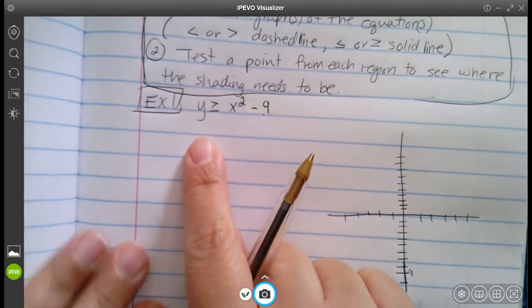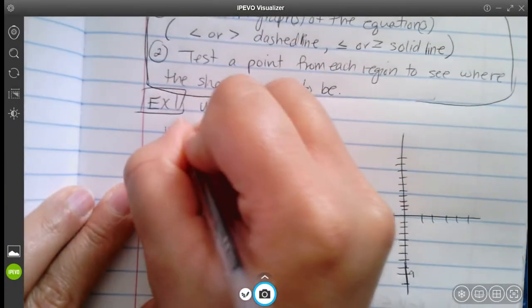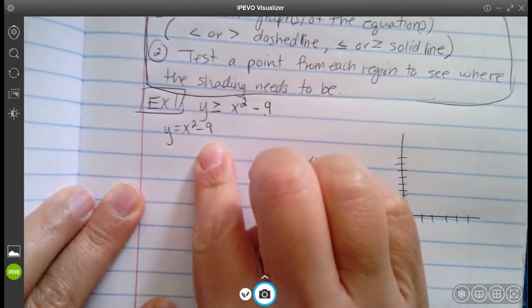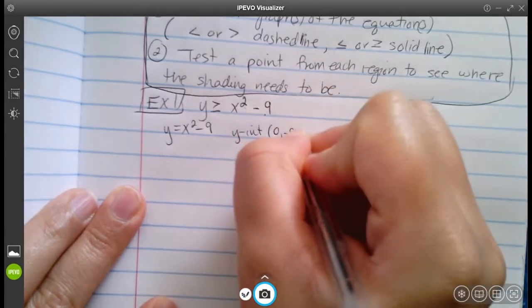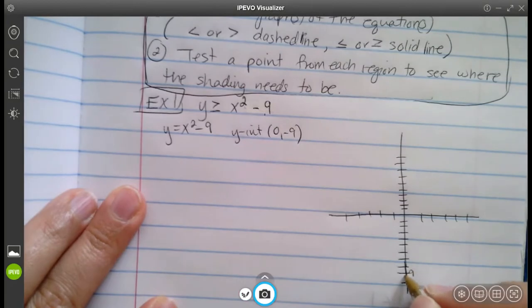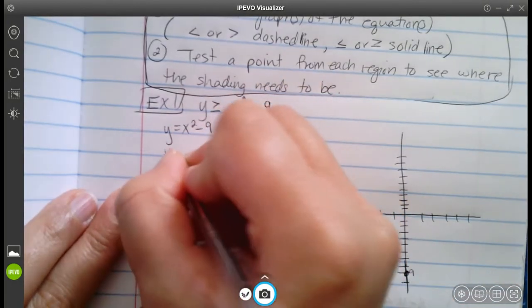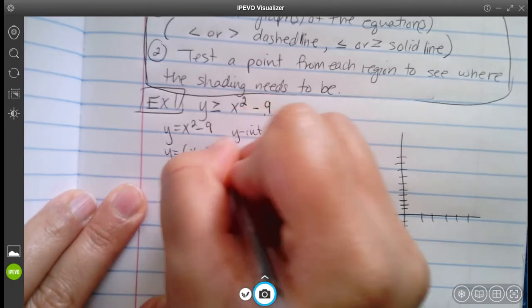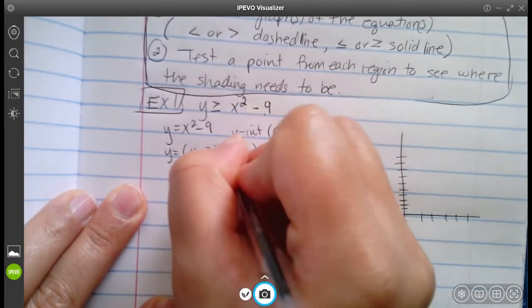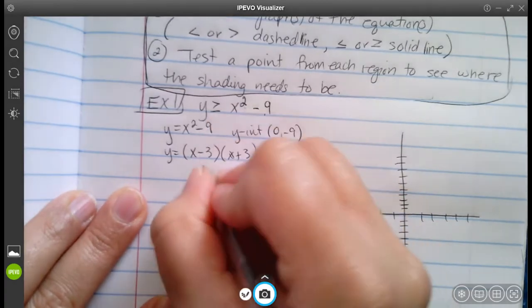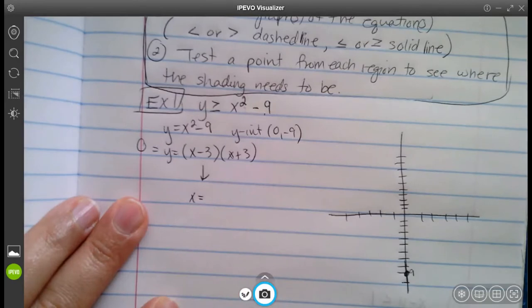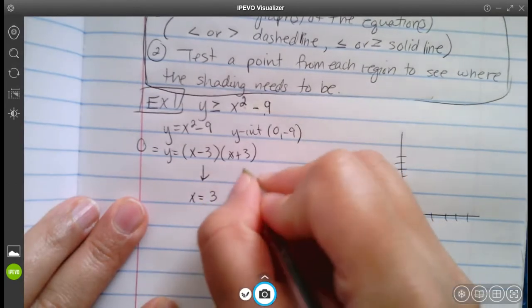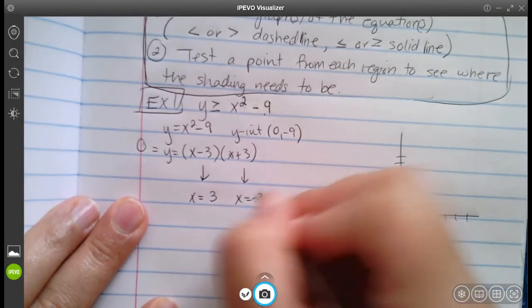If this were an equation, I'm going to pretend it's an equation. I know from here that the y-intercept is 0, negative 9. So there's that point right there. I also know that I can factor this one into x minus 3 and x plus 3, which would give me the zeros. If I set this equal to 0, x equals 3 and x equals negative 3.